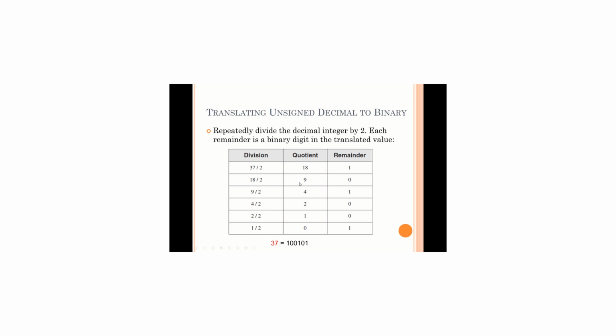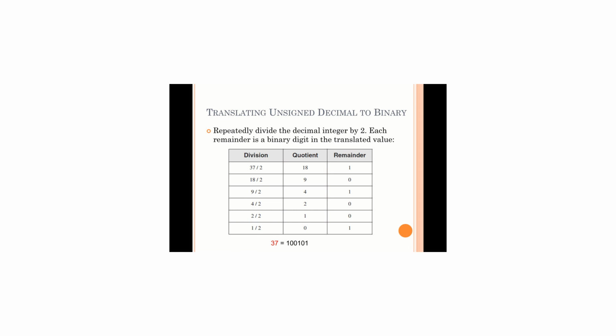And then you take 9, divide that by 2, you get a quotient of 4 and remainder 1. Okay. So lastly, you have a quotient of 1. 1 divided by 2, you get a quotient of 0, and you get a remainder of 1. Once the quotient reaches 0, you are done.